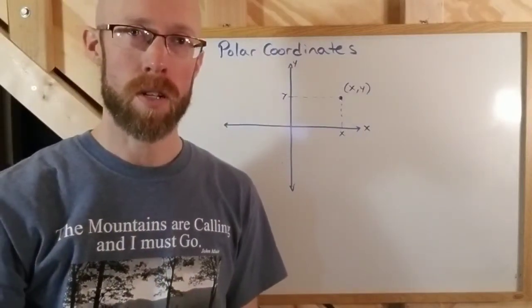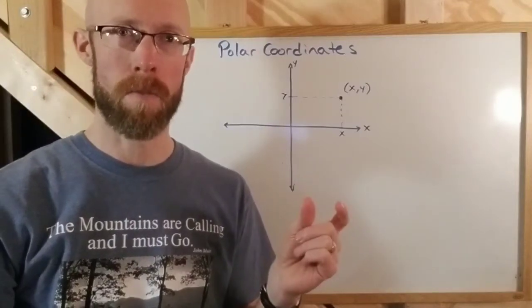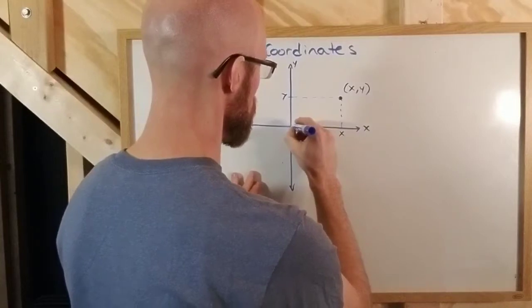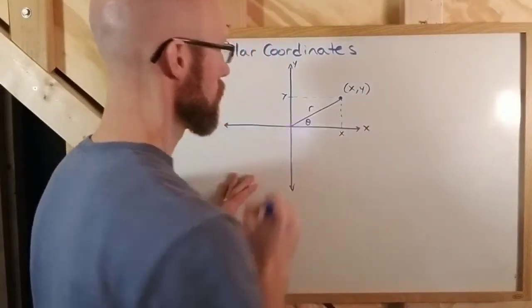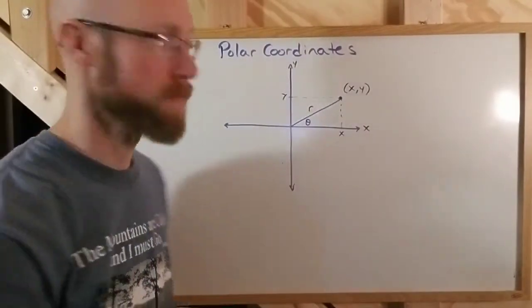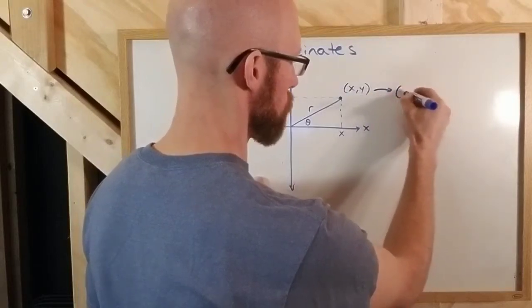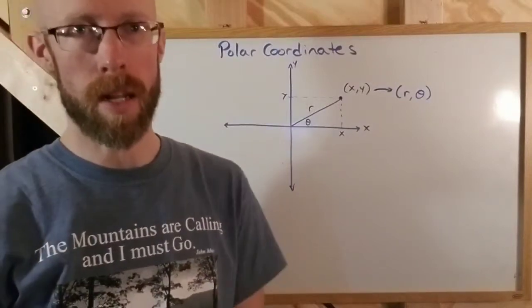With polar coordinates, instead of having an xy combination for your ordered pair, you're going to have a radius and an angle, r and theta, as your ordered pair. So rectangular coordinates are x, y. Polar coordinates will be in the form r comma theta.